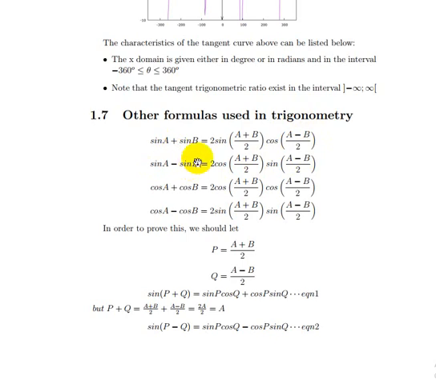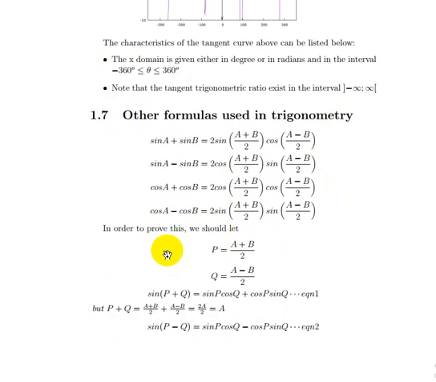Sine A minus sine B equals 2 cos of (A plus B) all over 2, sine of (A minus B) all over 2. We have cos A plus cos B equals 2 cos of (A plus B) all over 2 times cos of (A minus B) all over 2, and we have cos A minus cos B equals this.